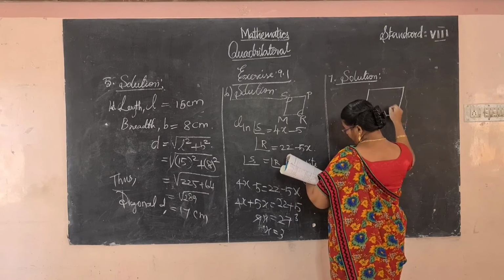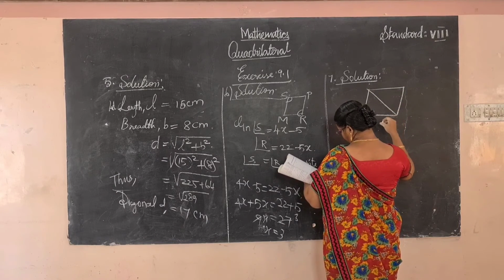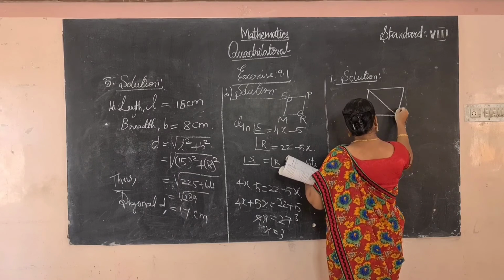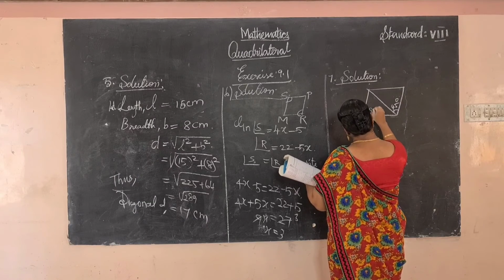This is the given diagram. This value is 45 degrees. Here 85 degrees is given.